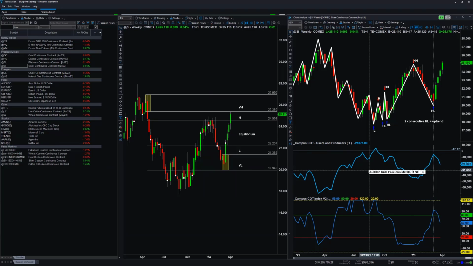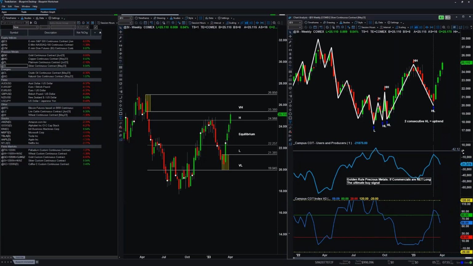If net commercials are net long, it's the ultimate buy signal. Okay, if commercials are net long, then that's the ultimate buy signal.